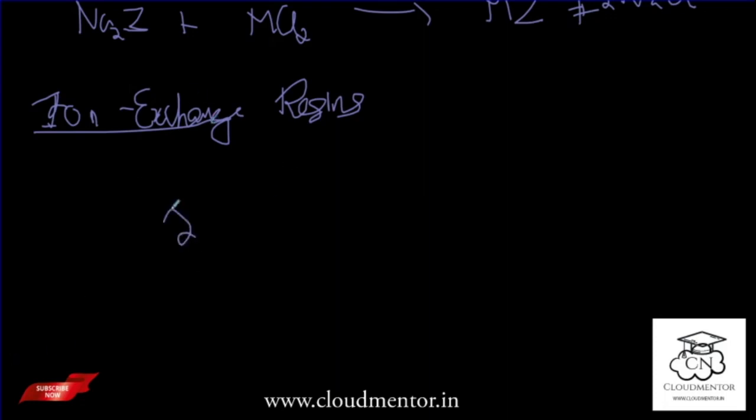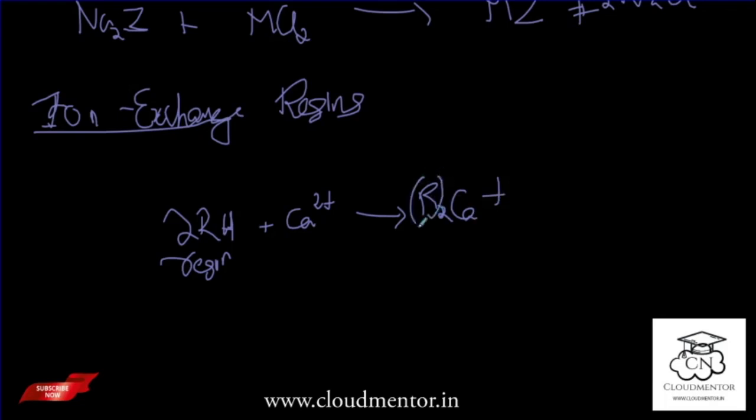It is 2RH, which is a resin. 2RH resin reacts with Ca2+ and gives R2Ca plus 2H+, where R is the resin.